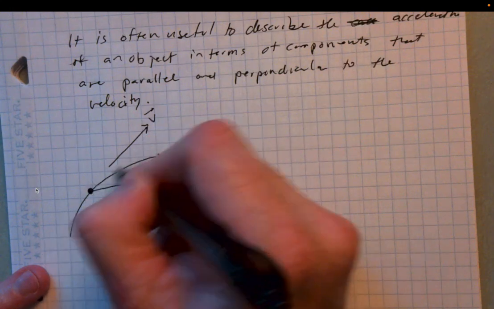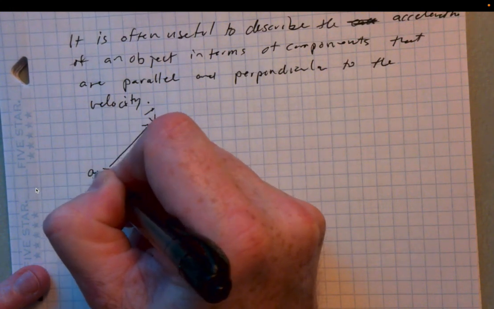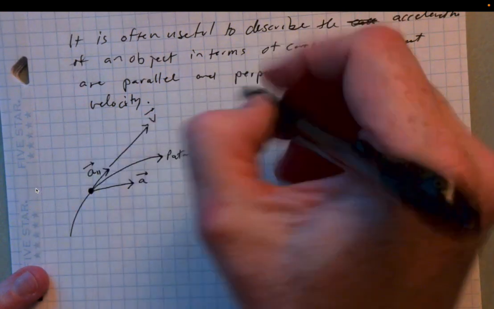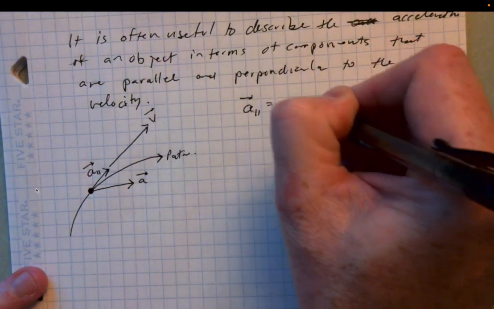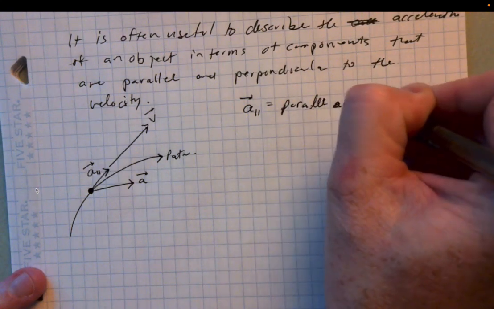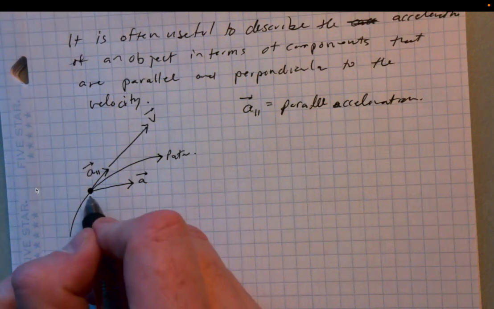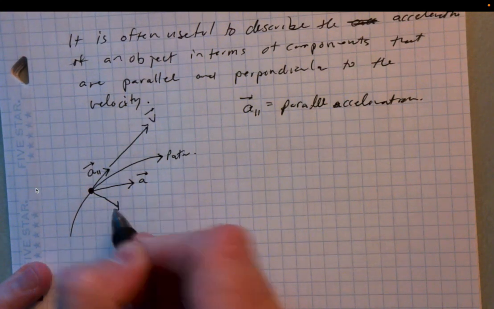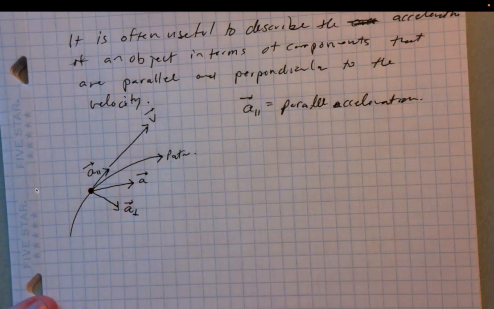Now, it turns out that my acceleration can be broken down into two pieces. First, there's this piece, which is in the direction of the velocity, and I'm going to call that A parallel, the parallel acceleration. So this is the part of the acceleration that's in the direction of velocity. And then there's A perp, which I'll denote again with an A, but instead of parallel lines, I'll put a perpendicular line.